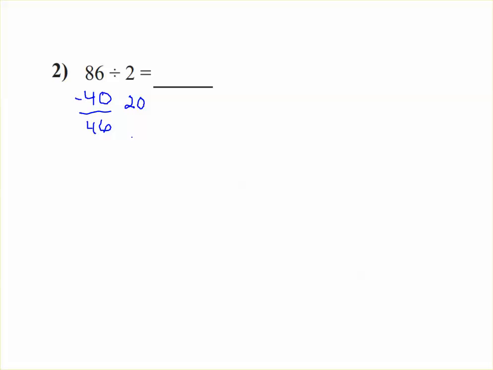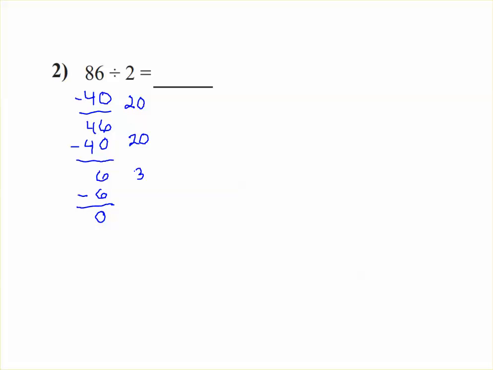I could put on another group of 20 twos, 20 groups of 2 people. That would make another 40. Okay? And I'd have 6 seats left. Well, I know that 6 seats would take 3 groups of 2, okay, and then minus that 3 groups of 2, and I'm left with no seats.